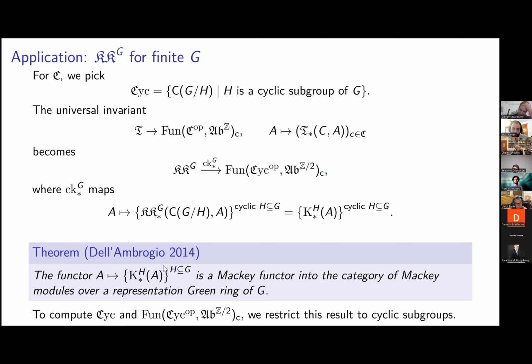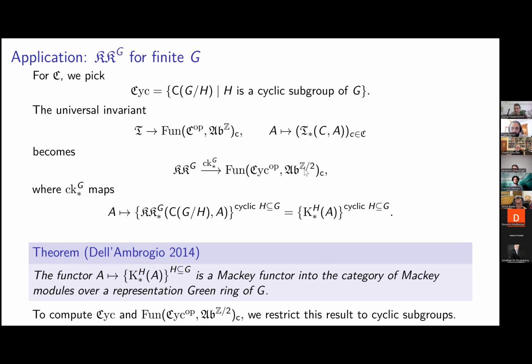Now taking into account our result that type 1 C*-algebras are generated by these things, and you only need to consider even less, only the cyclic subgroups, to compute what this abelian category actually is, you just restrict Ivo's results to cyclic subgroups. Basically he has everything computed, and then you have your functor computed as well.